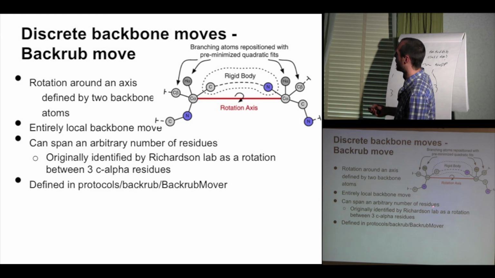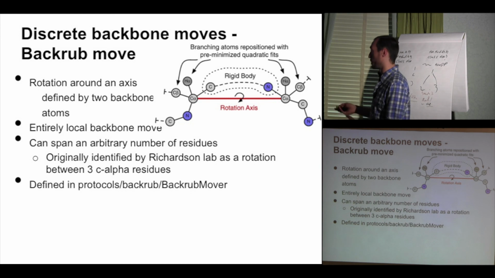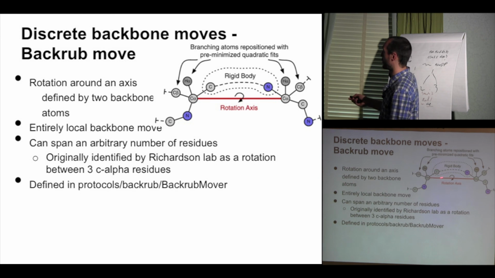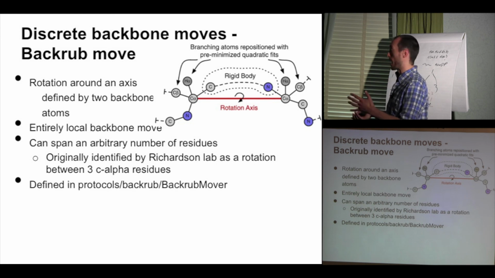This is the rotation around an axis defined by the vector between two atoms, and it was originally observed as the axis between the C alphas of residues I and I plus 2, with one residue in between. If you did a vector between their C alphas and rotated around that slightly, that would be the backrub move.